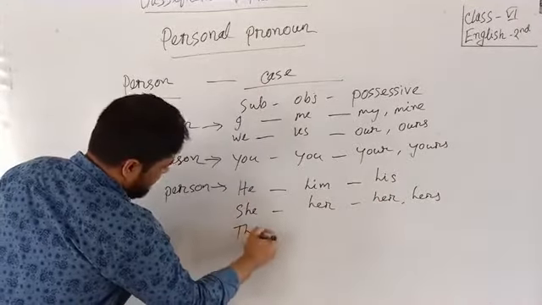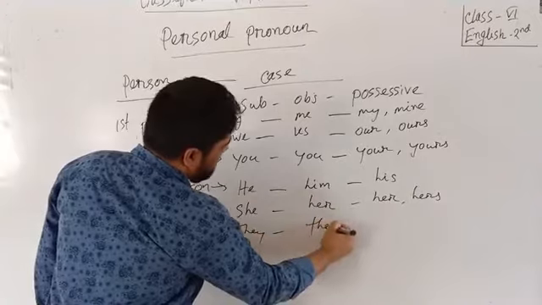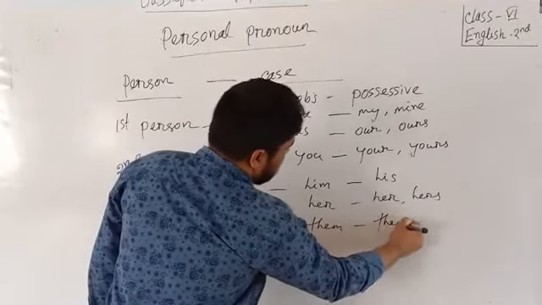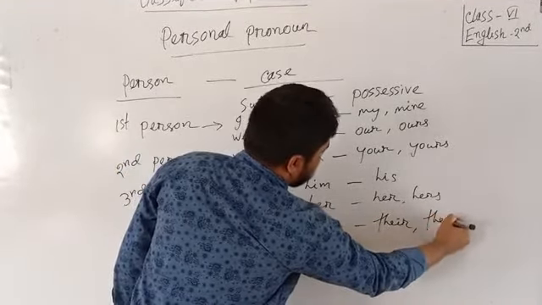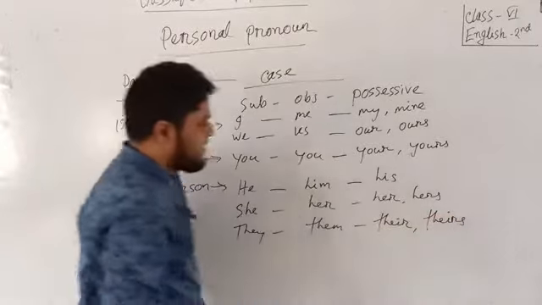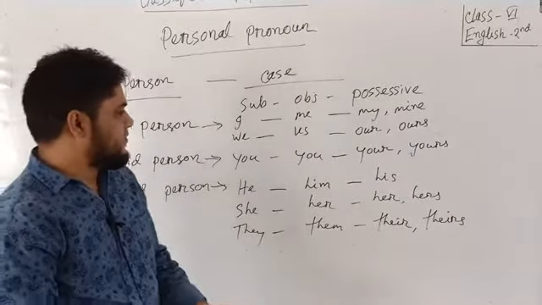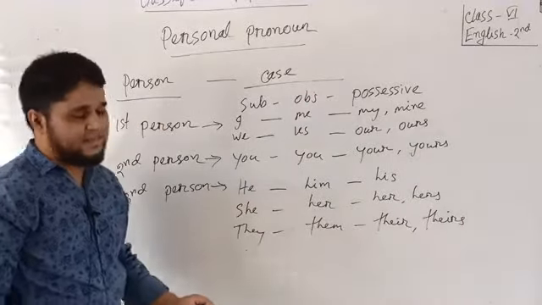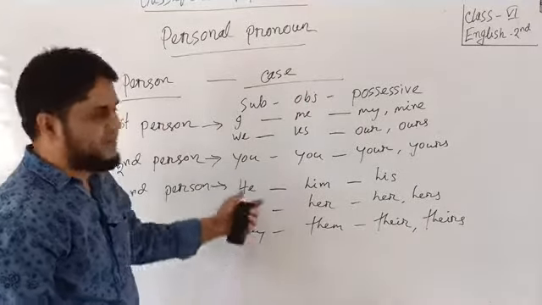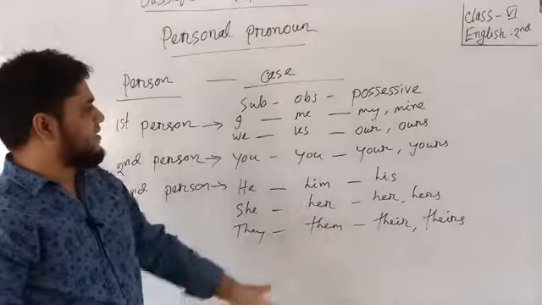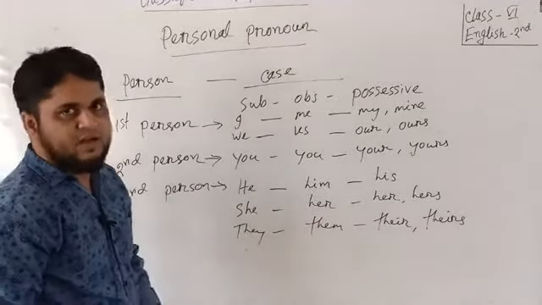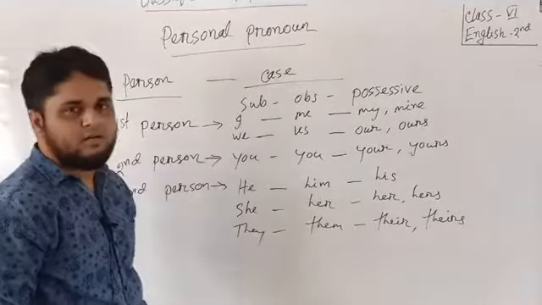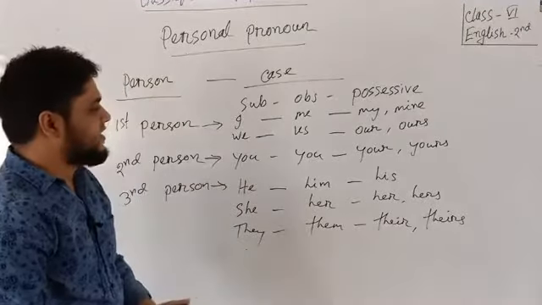And again they, them, their, theirs. My dear students, I have mentioned here some persons, and they are used in different cases, and all the persons mentioned here are called personal pronoun. Okay, I think you can understand the matter.